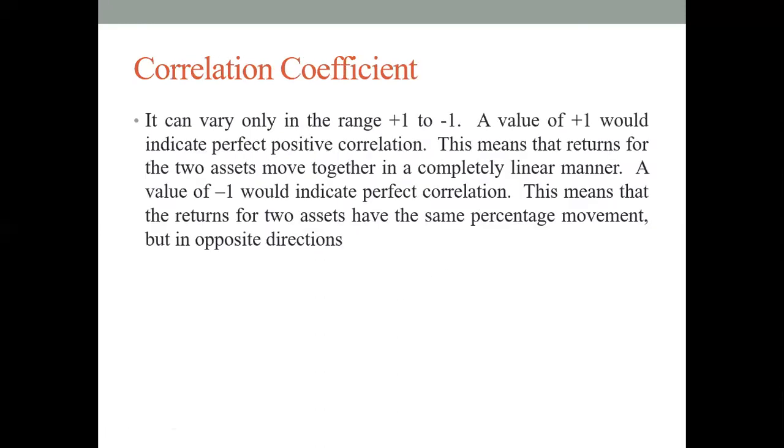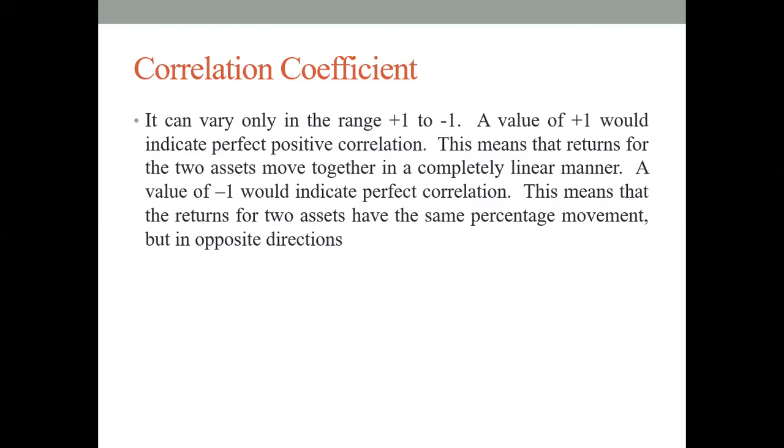So the correlation coefficient, you know about it. The correlation maximum value is +1 and the minimum value is -1. That correlation will tell you about the risk associated with the particular securities. A value of +1 would indicate perfect positive correlation between the two stocks within the portfolio.